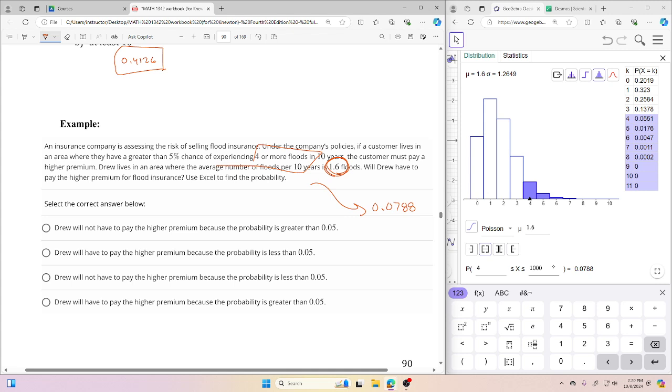So he'll have to pay the higher premium, because it's greater than 5%. There it is. Cool.